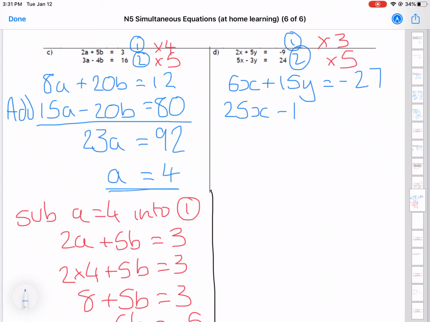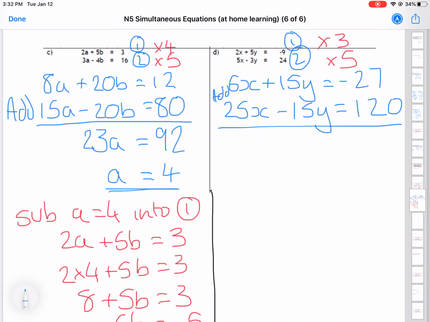25x minus 15y equals, we can do this at the side, 24 times 5, you can also do it in your head if you like, I'll just use my calculator for it, 120.